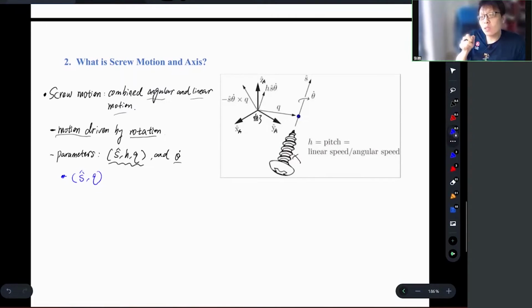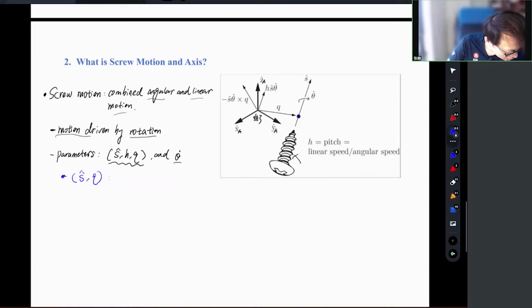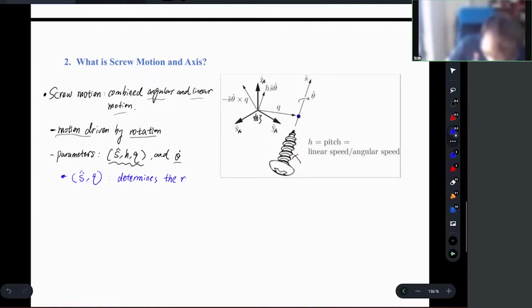So if you give me a point on the rotation axis and give me a direction vector, I can uniquely determine this rotation axis. So S hat and Q, among those parameters, determine the rotation axis.